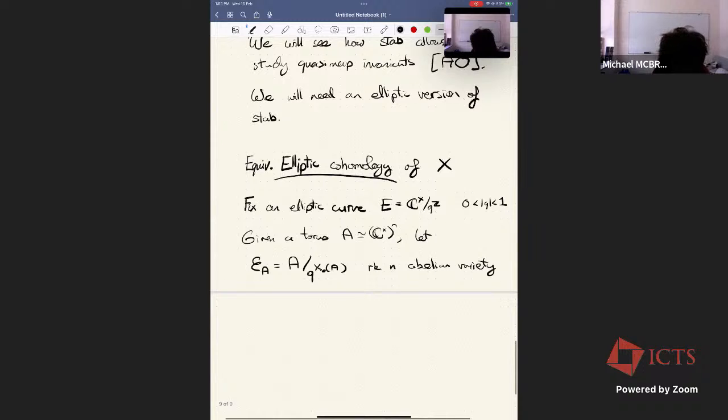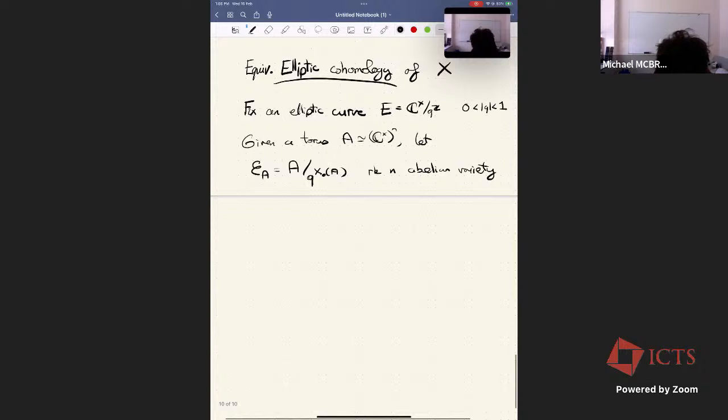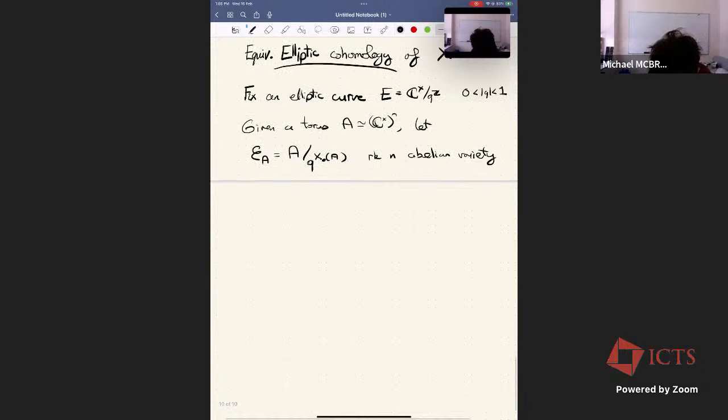So given this data, the elliptic cohomology, what is it? It's a covariant functor.